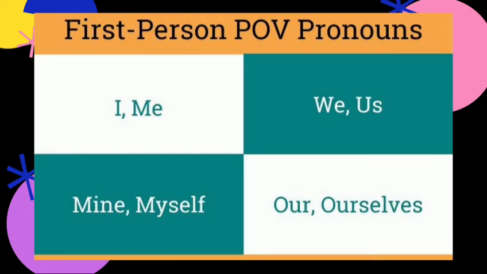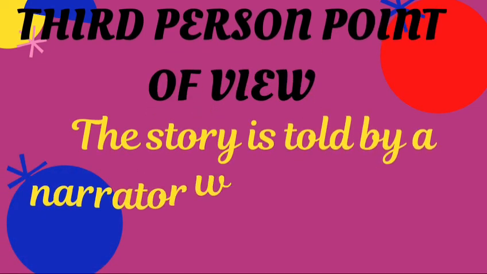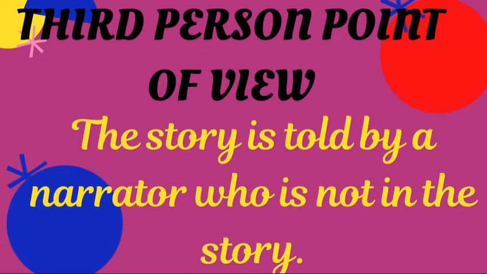Next is the third person point of view. The story is told by a narrator who is not in the story. The narrator is not involved, but he knows everything about all the characters, even what they think in their mind.